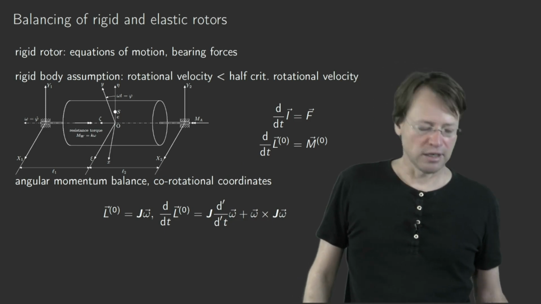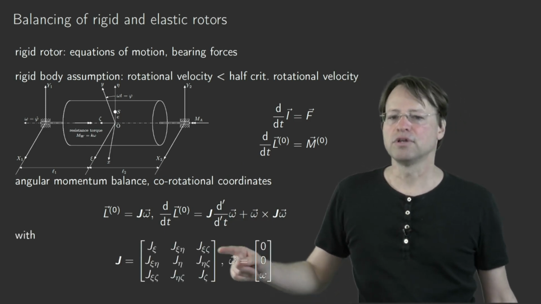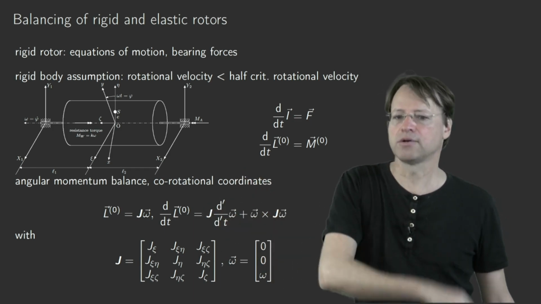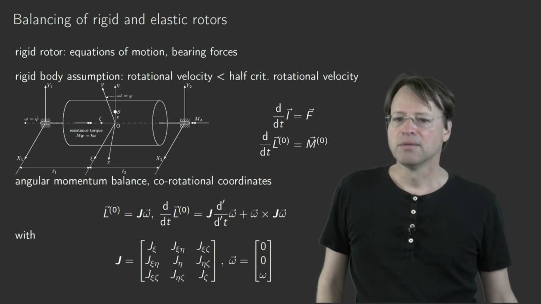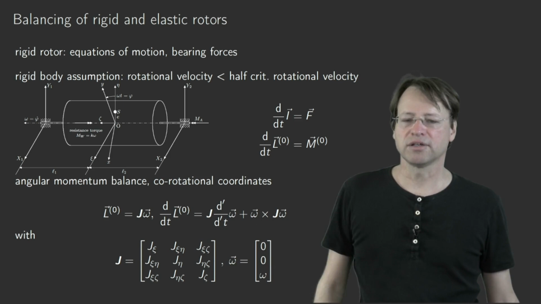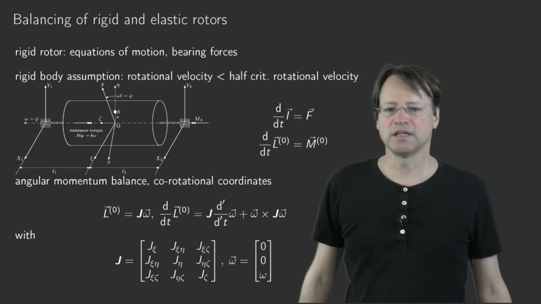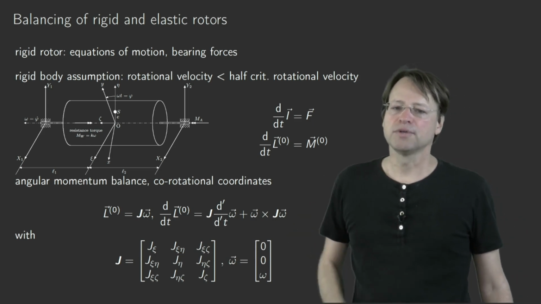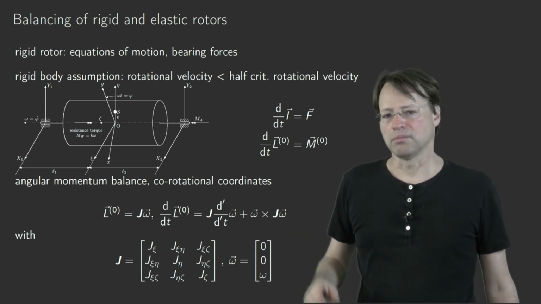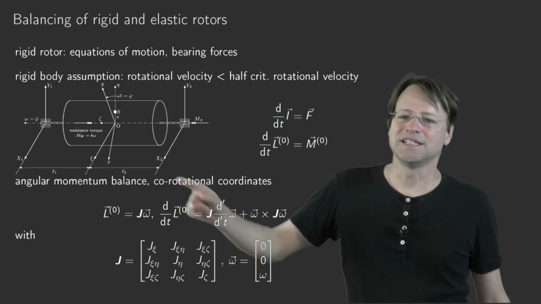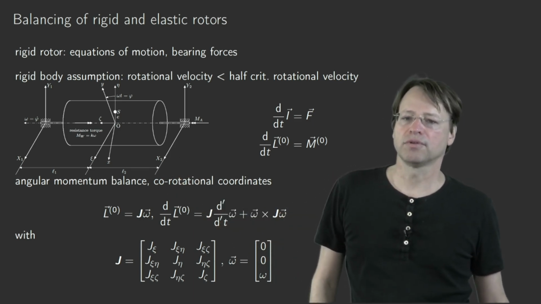So this is the equation, and what can be said about the members in these equations? Well, for J, I already said it's a fully fledged mass moment of inertia tensor, so taking the off-diagonal elements into account, but of course knowing that it's a symmetric second-order tensor. You can see it from the off-diagonal elements here. And for omega, we just have one component for the moment at least, namely omega in zeta direction, so the rotation of the rotor.